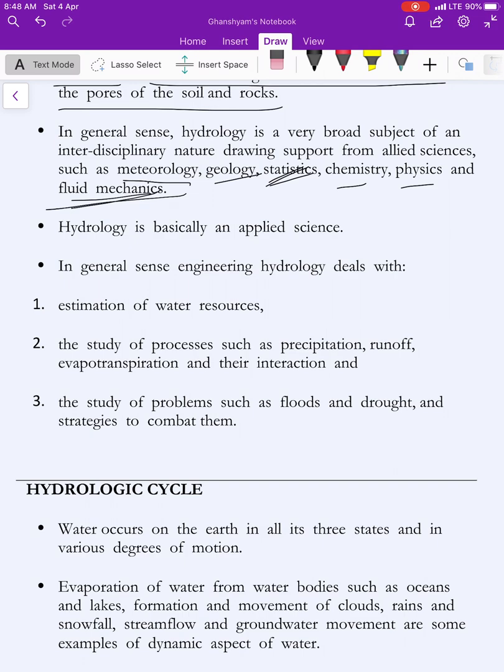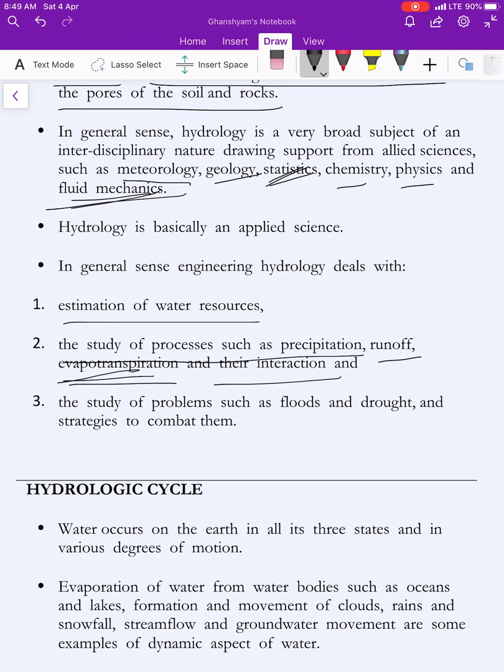So in general sense what we are going to deal with in hydrology is, first, the estimation of water resource, how much water we are having. Second, the various processes like precipitation, runoff, evapotranspiration and how these various processes interact. The term evapotranspiration is a combination of two words, evaporation plus transpiration.